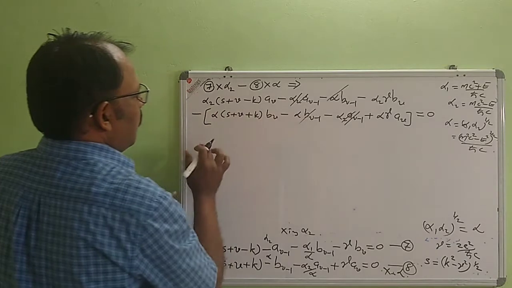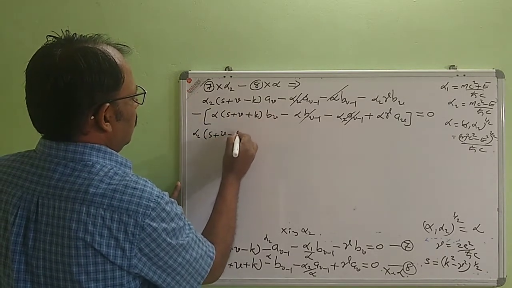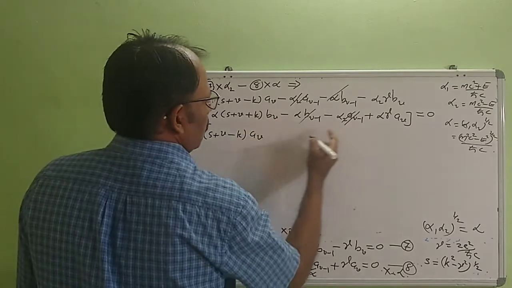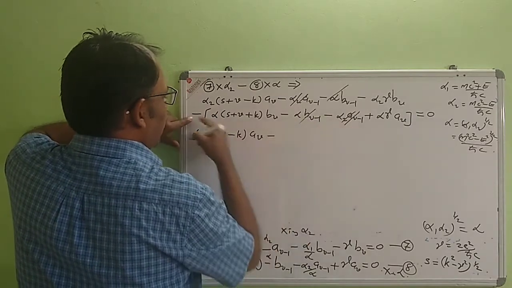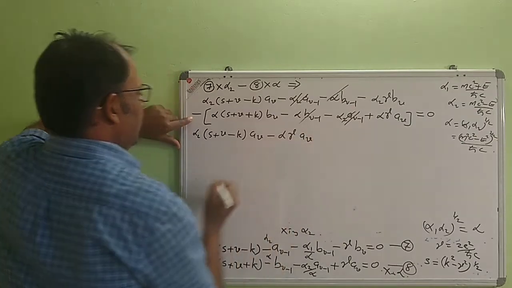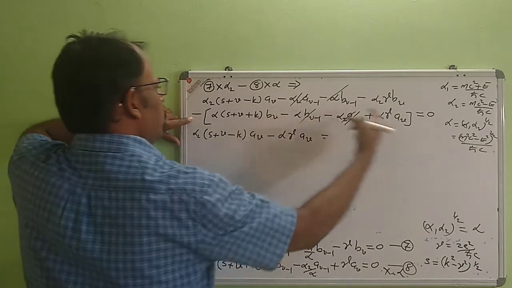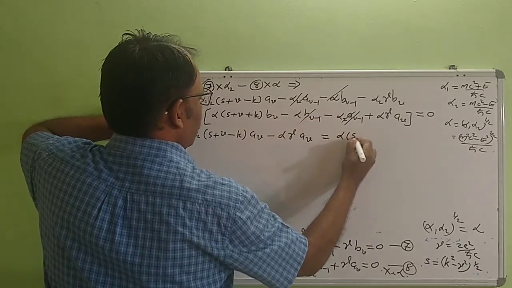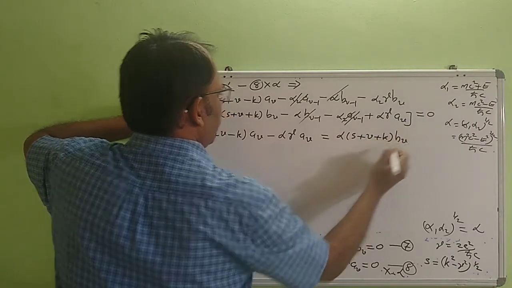Now we have the term alpha 2 S plus V minus K AV. Another term containing AV is minus alpha gamma AV. Taking the terms containing BV to the right hand side, this term will be plus, so it will be alpha S plus V plus K BV.